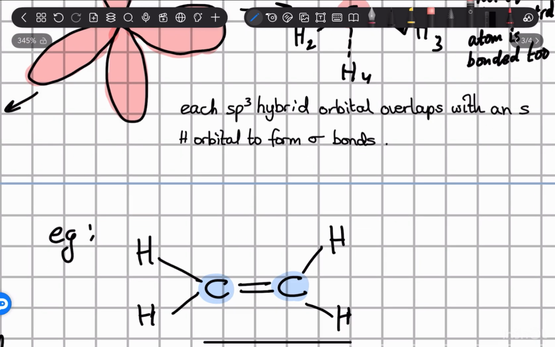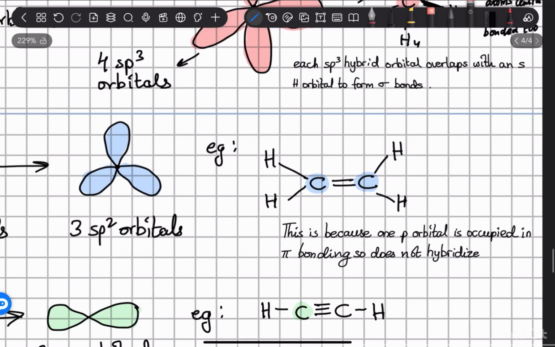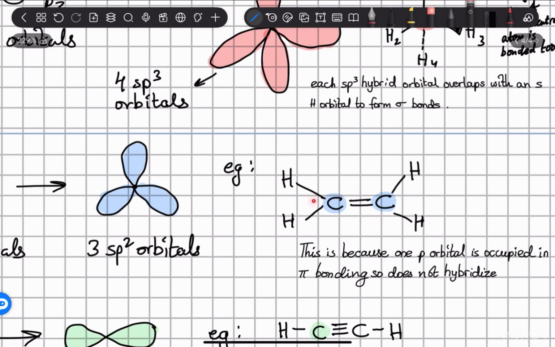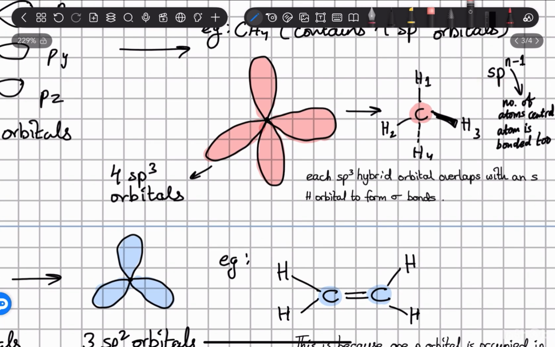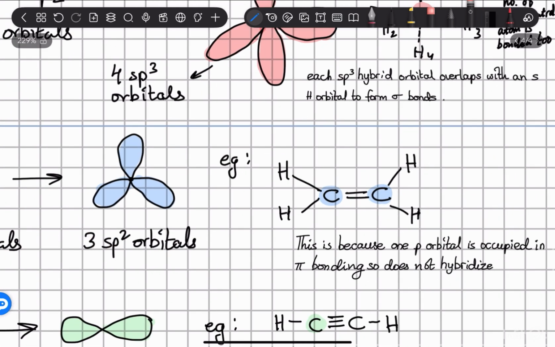And this works in double bonded molecules as well, because taking this carbon, which is our central atom, it's bonded to 1, 2, 3 different atoms. So it would be sp to the 3 minus 1, which is sp2 hybridized. And that is true.